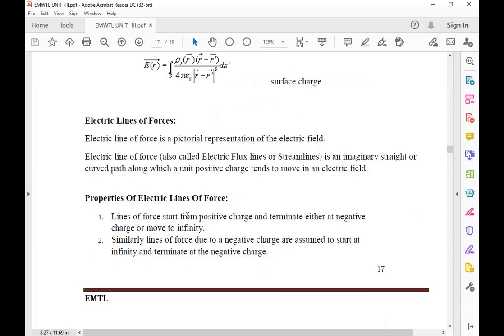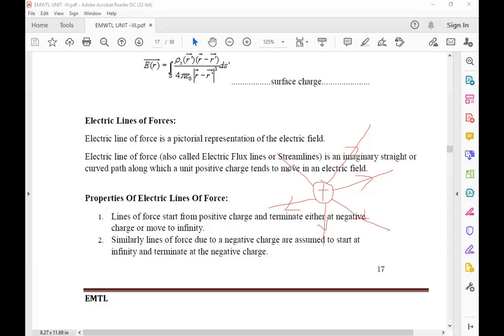The lines of force start from the positive charge and terminate either at a negative charge or move to infinity. Suppose there is a positive charge in this sphere, the lines of force terminate towards infinity radially, like this.